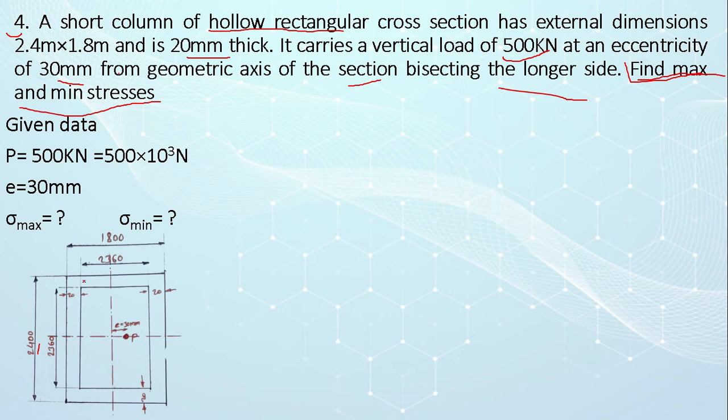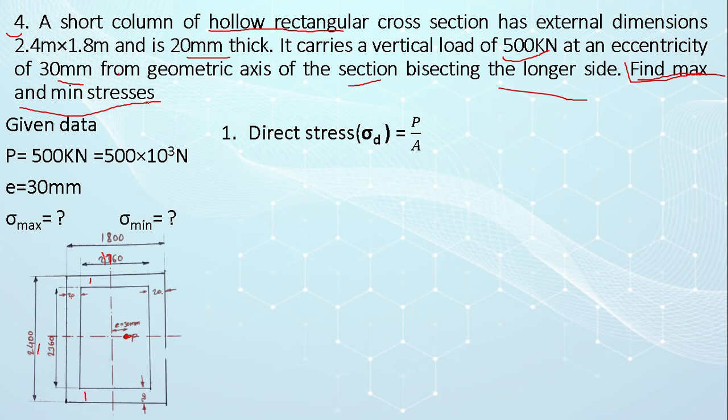So thickness is 20. So 1800 minus this 20 and this 20 should be 1760, and 2400 minus this 20 and this 20 is 2360, and here P is shown at an eccentricity of 30 mm.